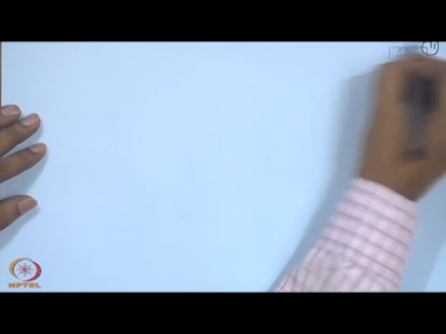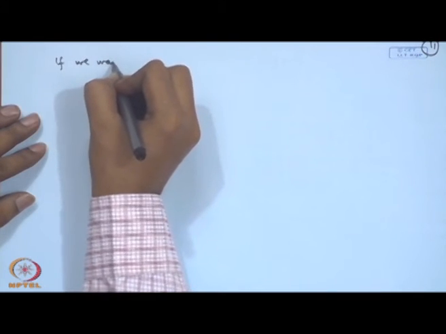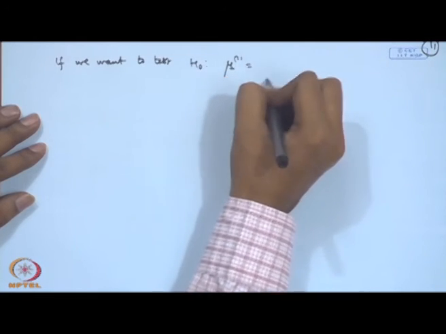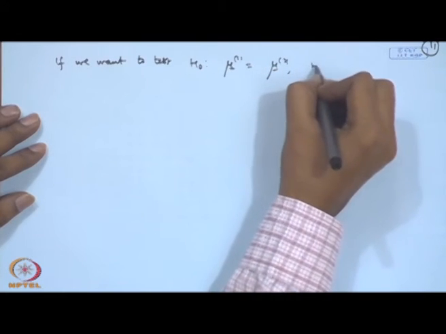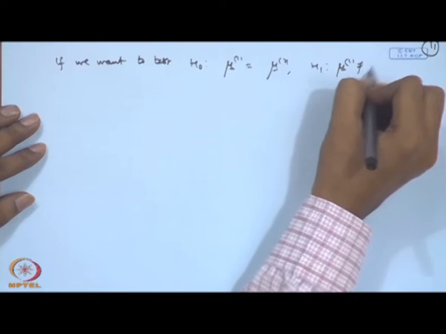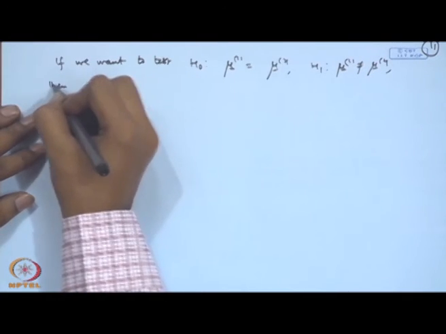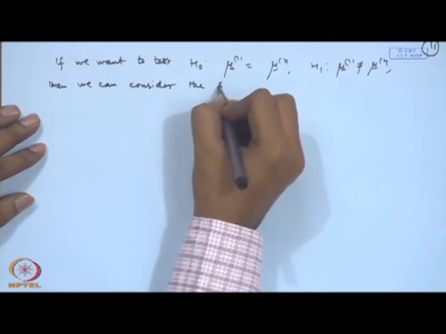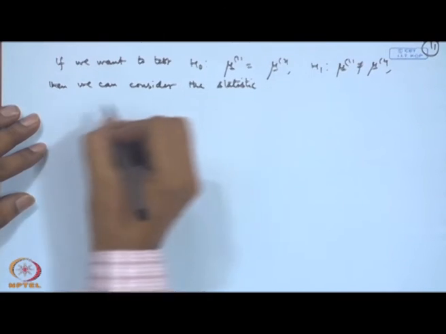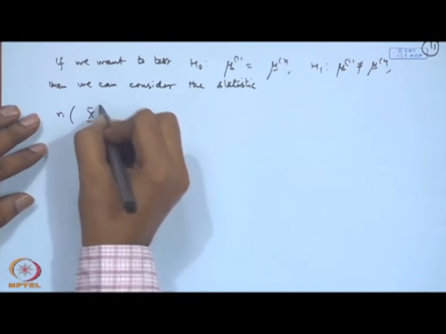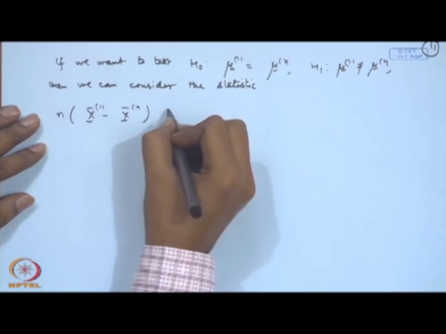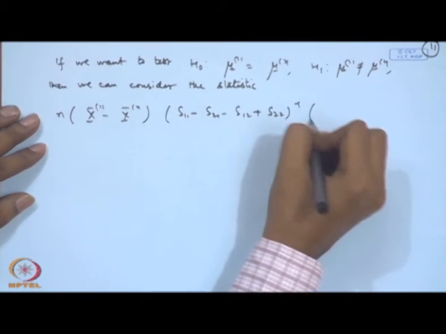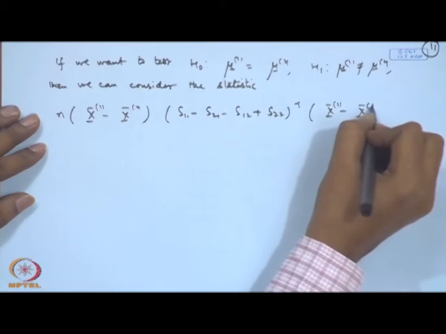So, if we want to test say H naught: mu 1 is equal to mu 2 against say H 1: mu 1 is not equal to mu 2, we can consider the statistic n times x bar 1 minus x bar 2, S 1 1 minus S 2 1 minus S 1 2 plus S 2 2 inverse, x bar 1 minus x bar 2 transpose.